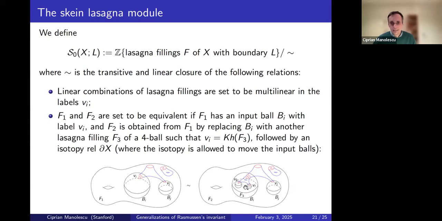What does it mean to fill in a ball? It means that you replace this filling by a bigger filling, to maybe some smaller balls, but you impose a relation. If you have these labels here, you want the ordinary Khovanov map of this cobordism to take these labels to the original label.